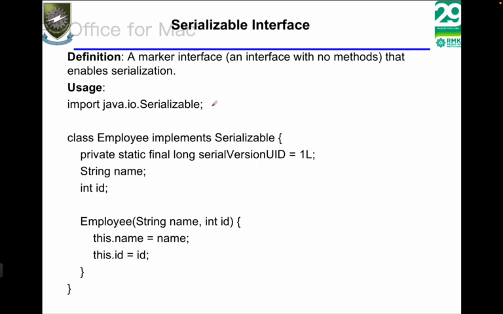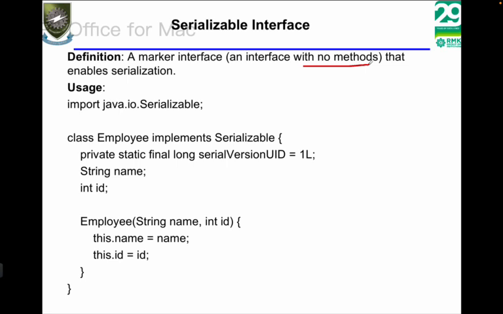So serialization is just the conversion of an object state into a byte stream. You can do that with the help of an interface called a marker interface. A marker interface means an interface which has no methods. You call this a marker interface. You have a number of interfaces.